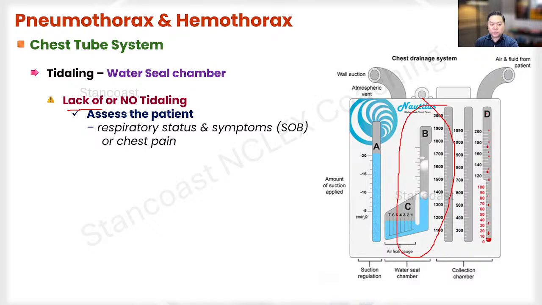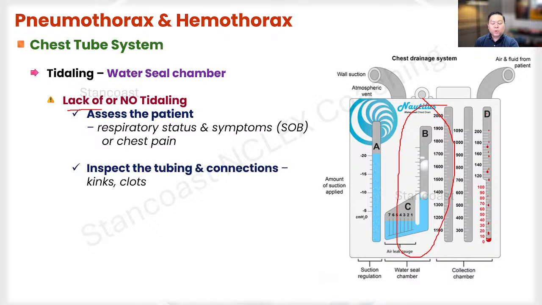Check the respiratory status of the patient and ask them if they have any kind of chest pain. Check if they have any shortness of breath. All right, so take note of the respiratory pattern, the rate, the symmetry of the chest wall. This is very important. Make sure that you do this first if the patient's tidaling has stopped.